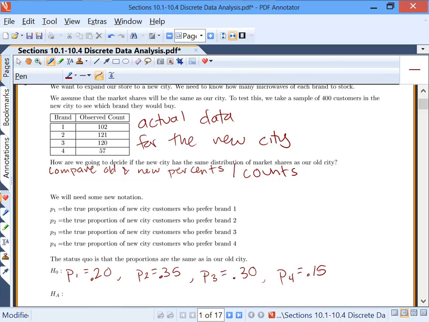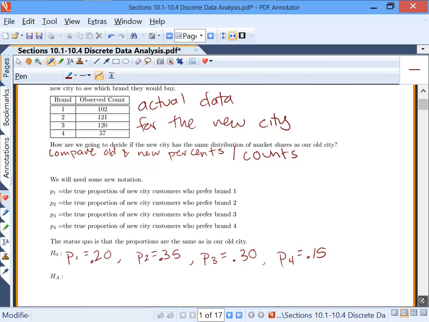So that's the status quo, but these are my proportions. What would be the opposite of that, or what makes that statement not true? At least one is not equal. Yes, it's not that they're all wrong, but at least one of those proportions is wrong.